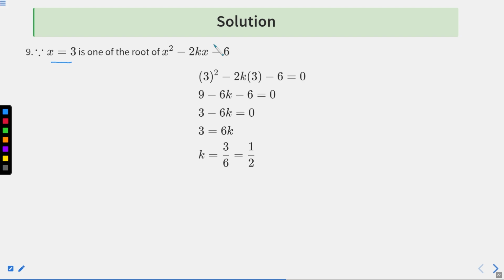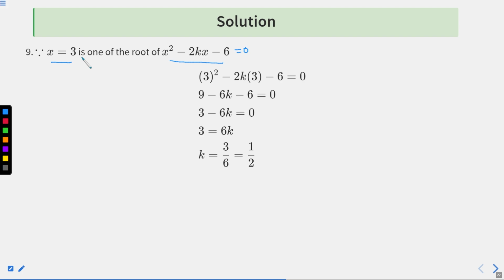If we use this concept, then since x is equal to 3 is one root of the quadratic equation x square minus 2kx minus 6 is equal to 0, this value satisfies the given quadratic equation.